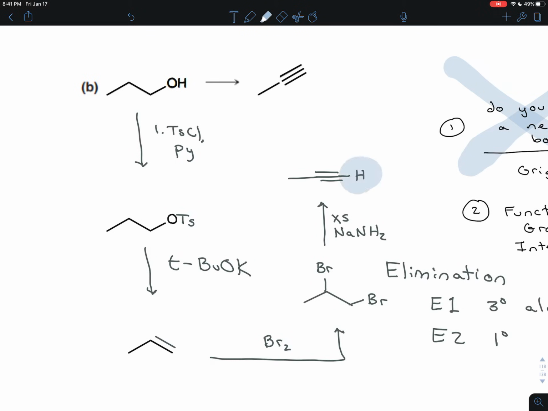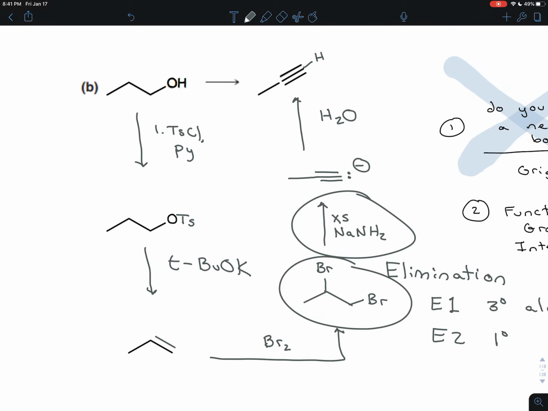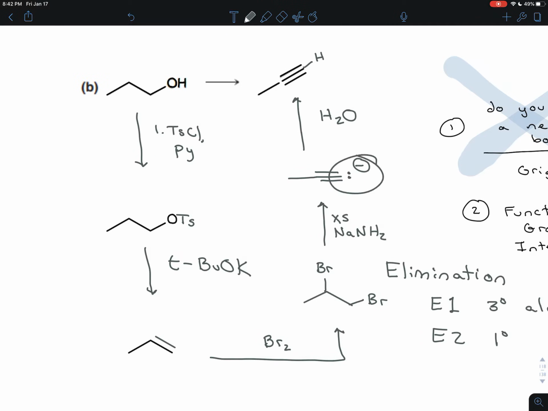And so if you have this acidic hydrogen and this very strong base, you could rip the hydrogen off, and the electrons in that bond become a lone pair with a negative charge. And that's why to get the final stable product, which has a hydrogen there, you have to do a proton transfer and shake that up with some water. So this excess base does do both of the elimination reactions, but it also rips the terminal hydrogen off, the hydrogen on the end of the chain. And so to put it back on, you shake it up with some water.